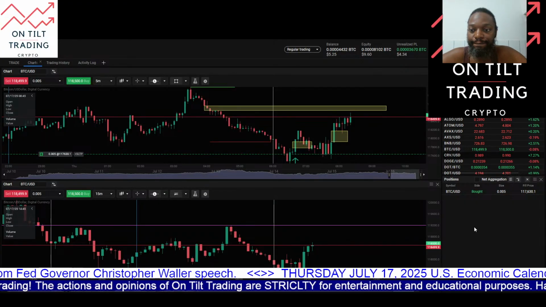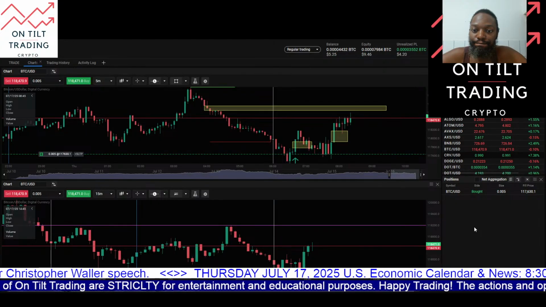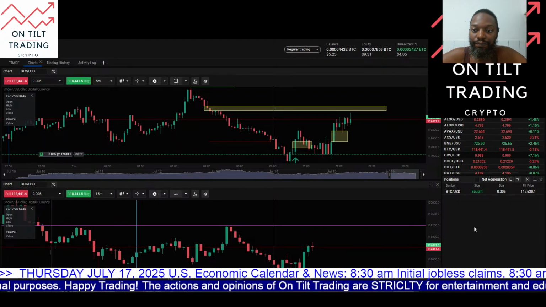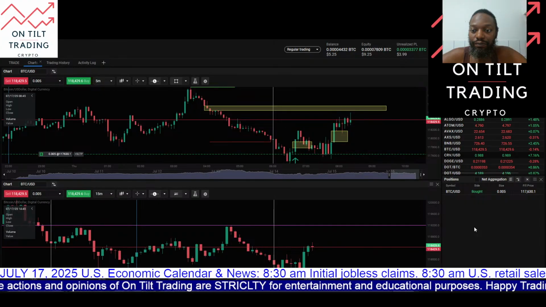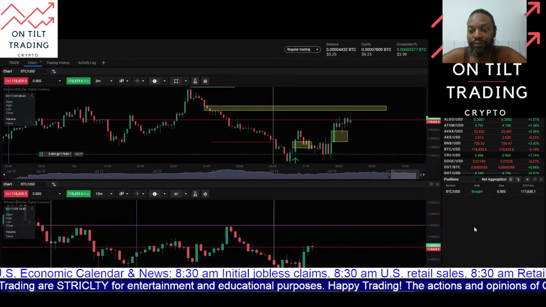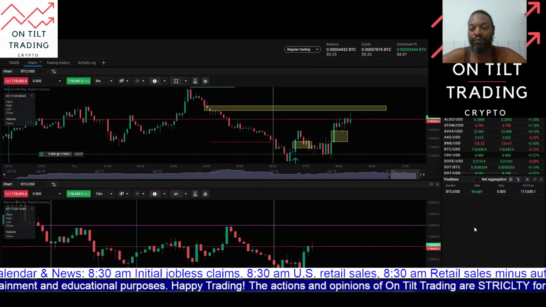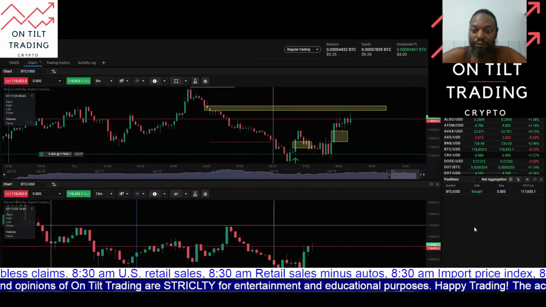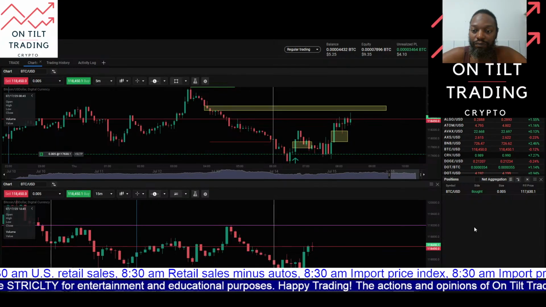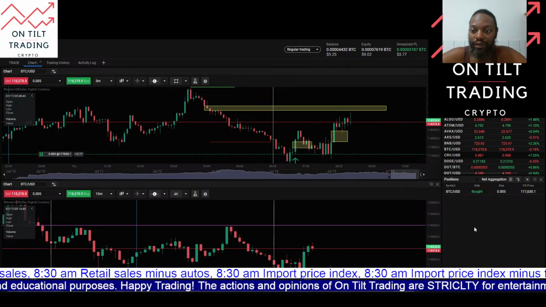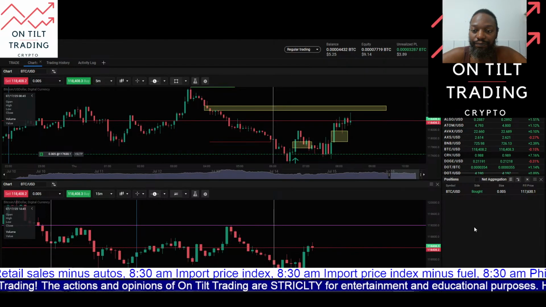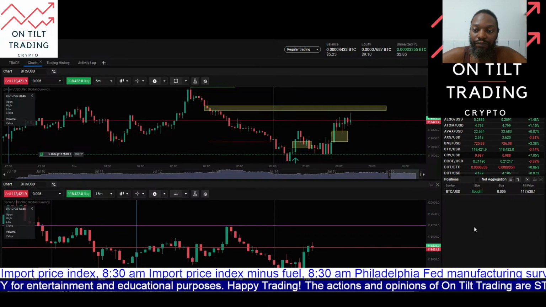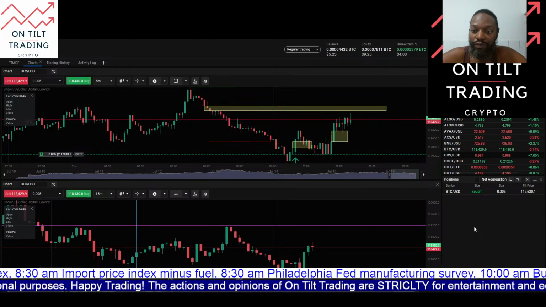Price consolidating here. 118,450. $118,400. Sell side delivery here. $118,420.